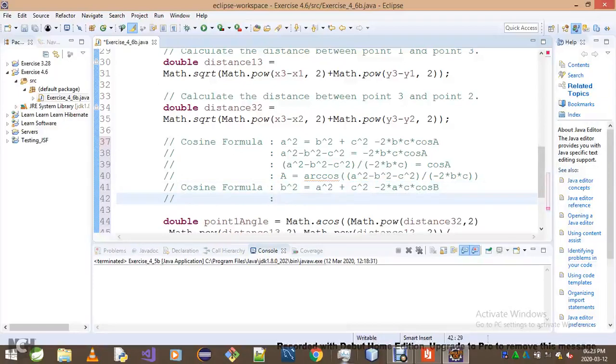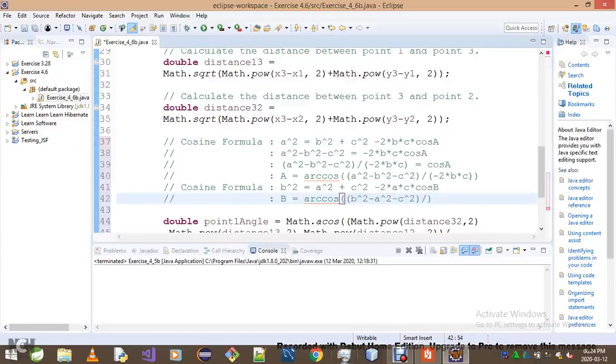You'll end up with something like B is equals to arc cos, and then you will have B squared minus A squared minus C squared, right?